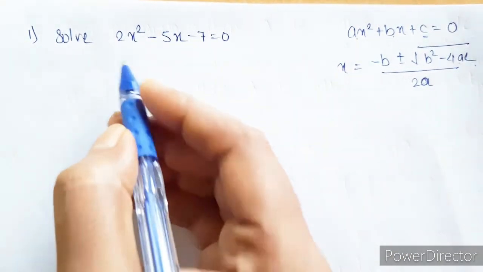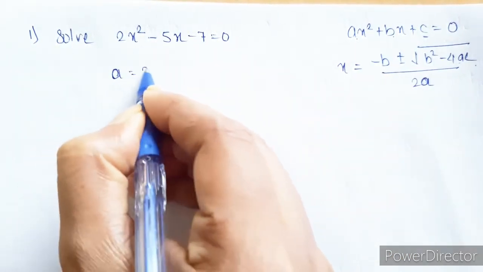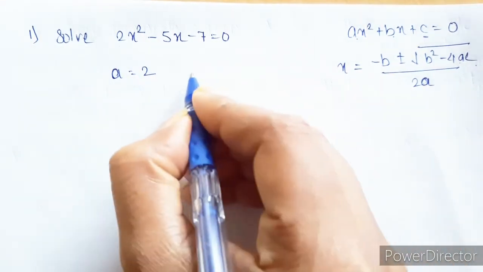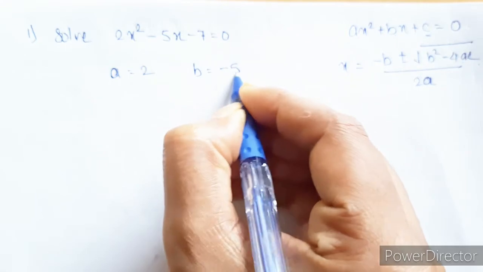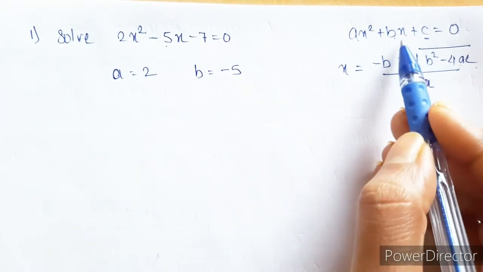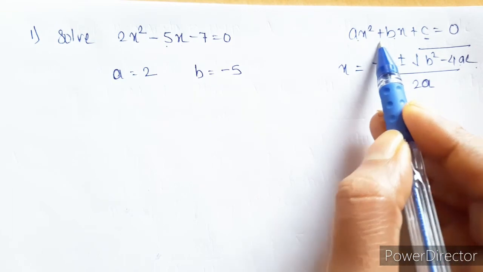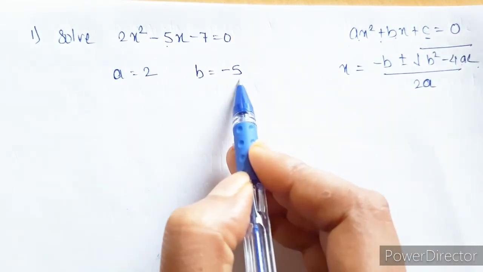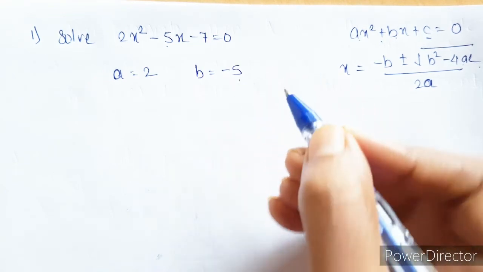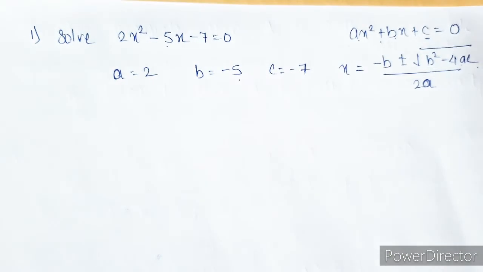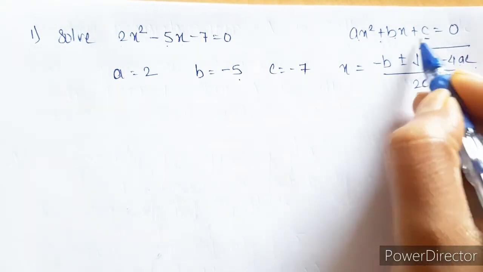Now here our a is 2, the coefficient of x square, b is minus 5, the coefficient of x, and since the general form is given in positive, b is going to be negative 5. Similarly, c is also going to be minus 7, because in the general form we have plus c.